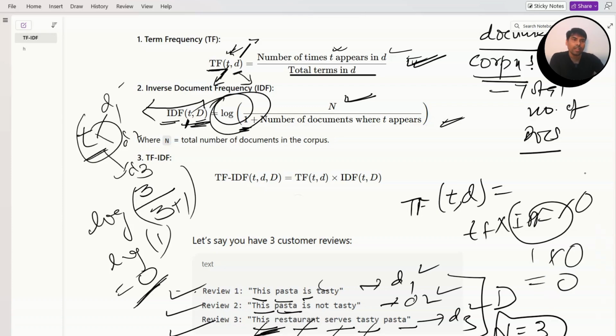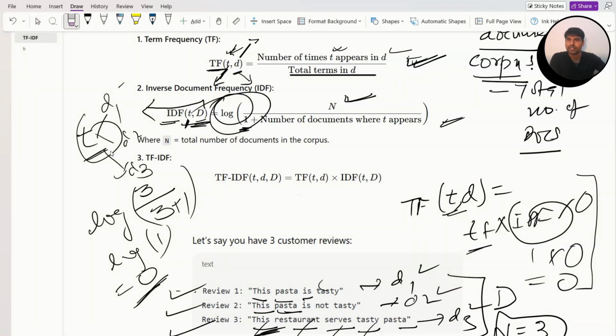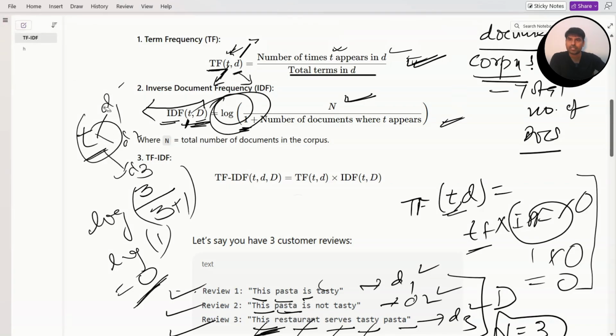So I will not find any weightage of any keyword, though that keyword is there in the document, because of the maths, because log 1 becomes 0, I will find there is no value of that keyword. I don't want that. That is why we add one, just to avoid getting log 1 as 0. That's the whole purpose, right? I hope you're getting this. Let me remove this.